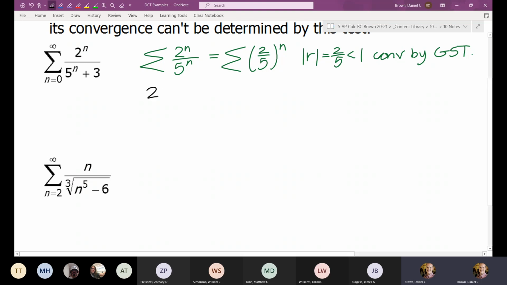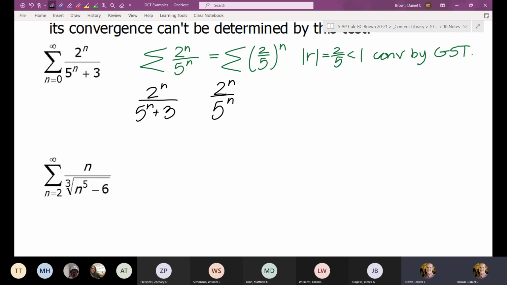So I have the one that was given, and I want to compare it to the one that we are using as the simpler one. I could compare it to (2/5)^n, but your comparisons are going to be a whole lot easier if you use that original way that you rewrote it. If you use that original one, pretty much everything's the same, but in the one we're trying to find, we're adding 3 in the denominator. So the denominator got bigger.